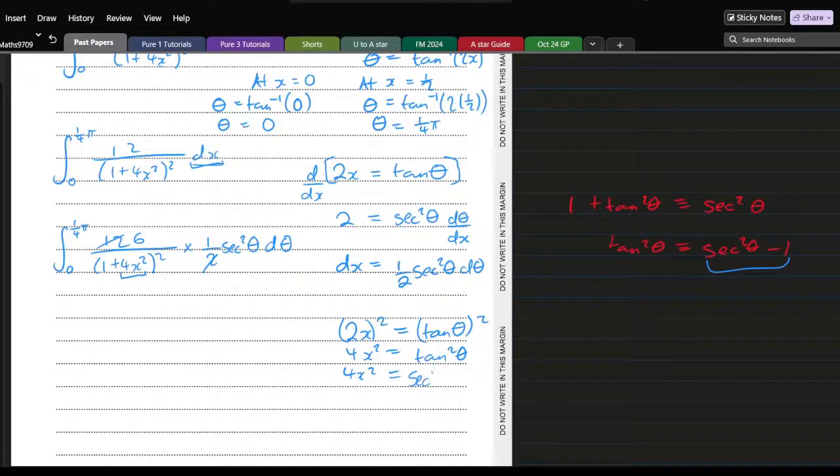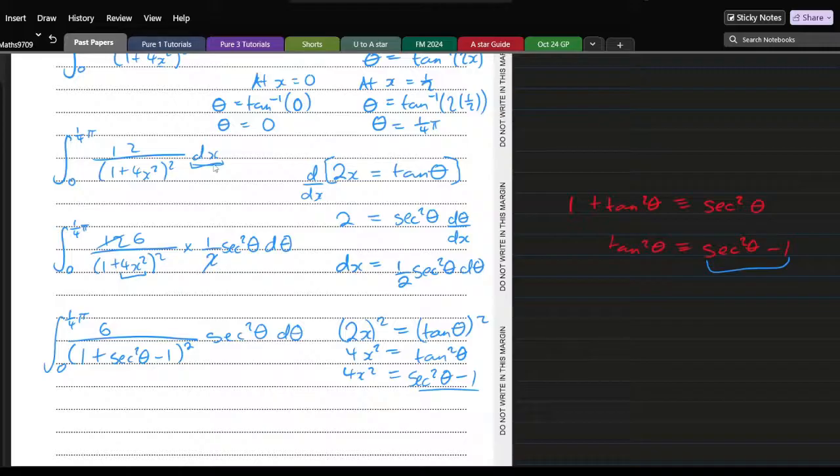So we can go ahead and substitute and say we're integrating from 0 to 1/4 pi, and we've got 6 over 1 plus our 4x squared, which is being replaced by sec squared theta minus 1, and this is squared, and this is times sec squared theta with respect to theta.